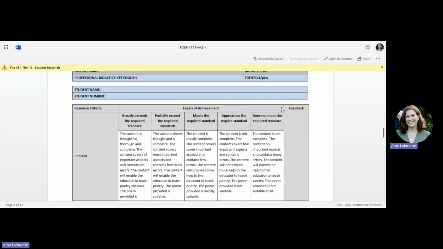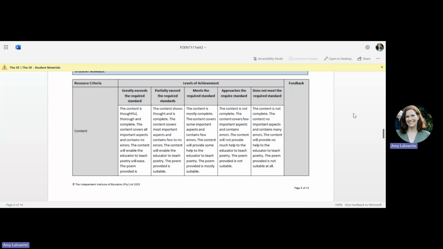If we go to the rubric quickly, so the content, number one, the content is thoughtful, thorough, and complete. The content covers all important aspects and contains no errors. So please don't make errors in what a metaphor is or what a simile is, okay? That's kind of a big problem if you're the one teaching it.